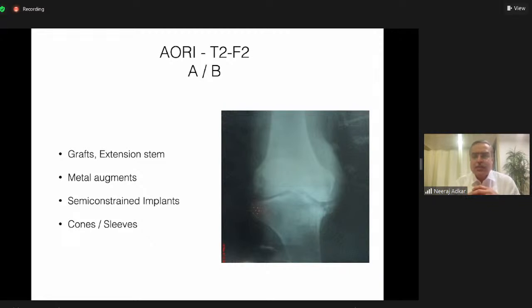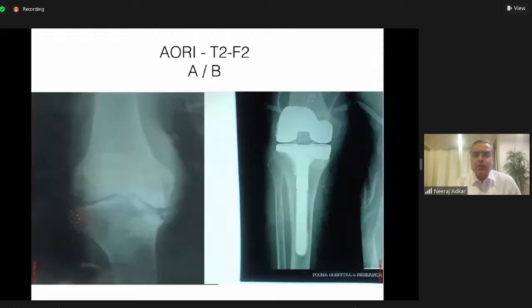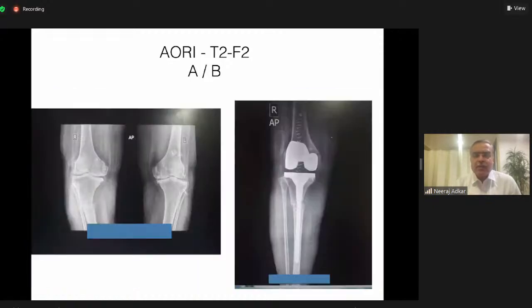Cones and sleeves are rarely required in such cases, but we must keep these options handy on the table in case required. Oblique wedges are no longer used, but one of the patients I had operated maybe 15, 16 years ago, this is how one can address such deformities.